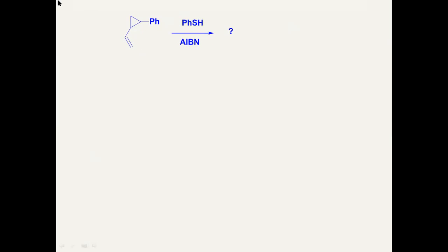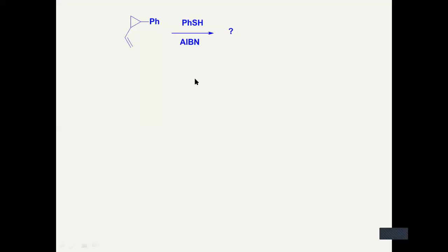Yes. See now. You see, AIBN is used here as an initiator which initiates the reaction. So this is the starting material, and this radical is generated.